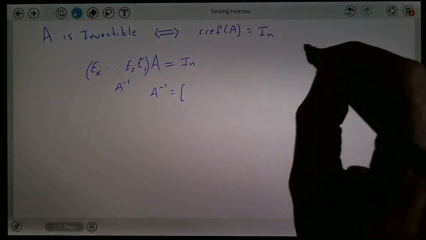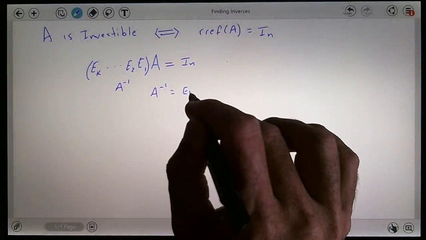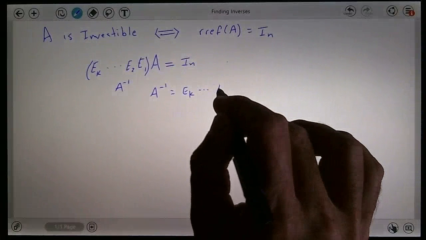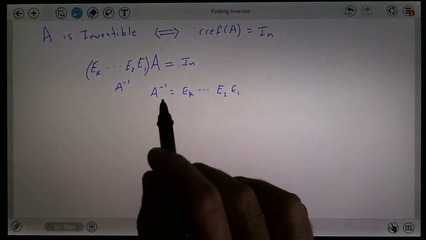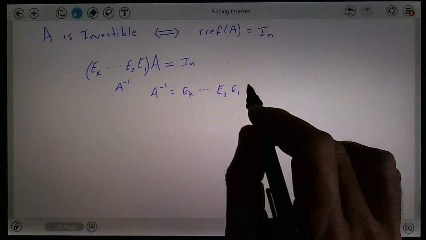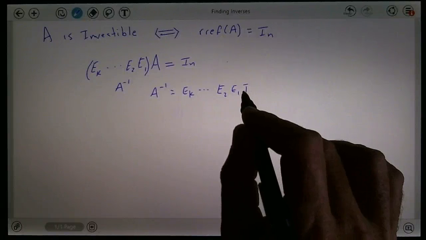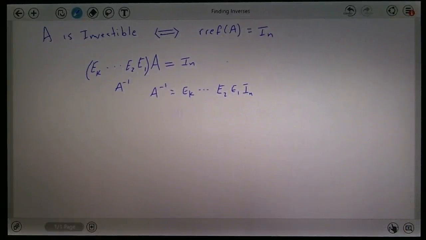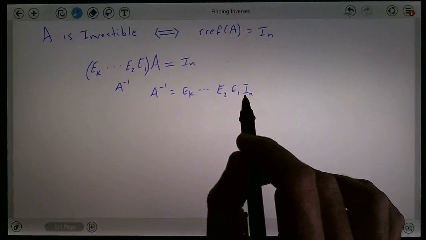EK down to E2, E1 is A inverse. I'm going to multiply on an identity matrix just on the end, because multiplying by the identity matrix doesn't change anything.